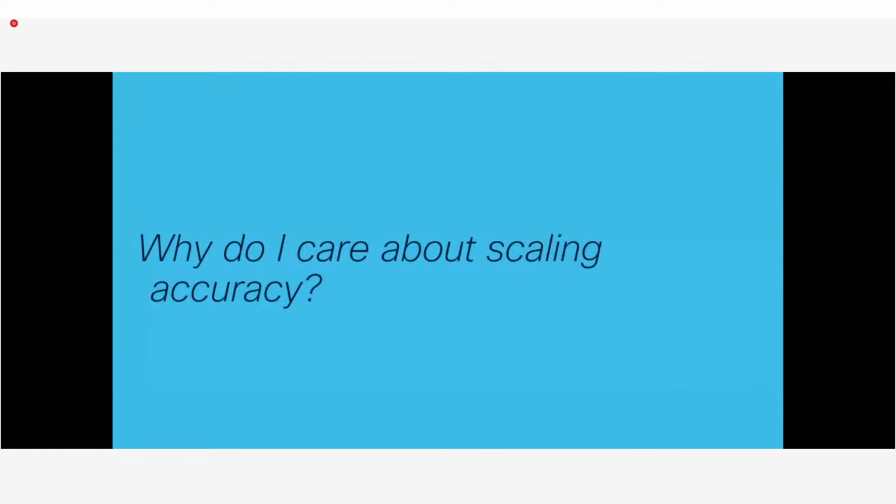Now, most of my customers will then say, okay, let me look at the guide. I'm just going to go with the guide. Why should I care about scaling accuracy? Well, the guide does give us a good guideline on how many endpoints a given ICE implementation can accommodate.